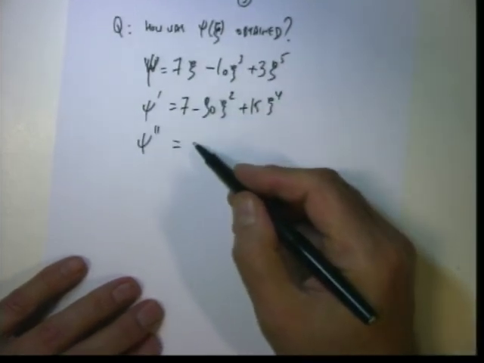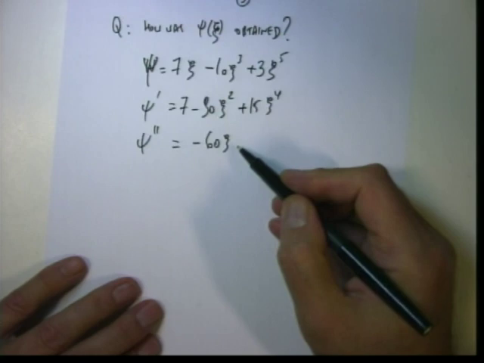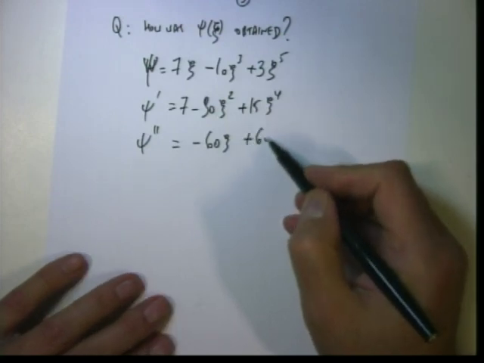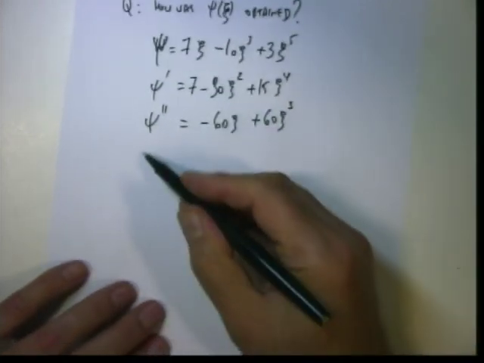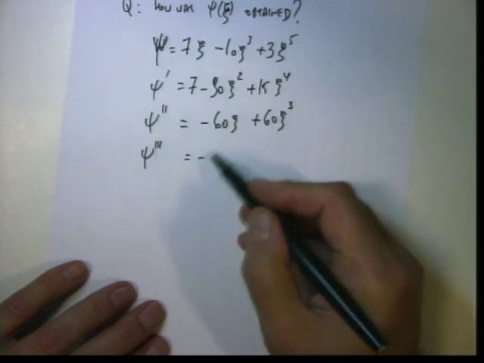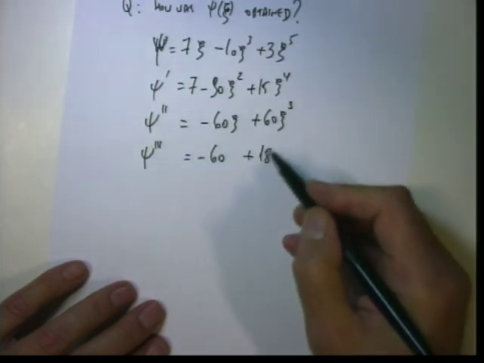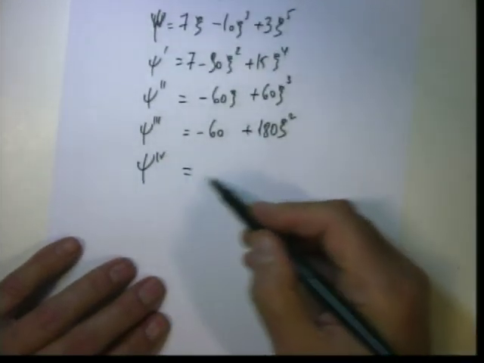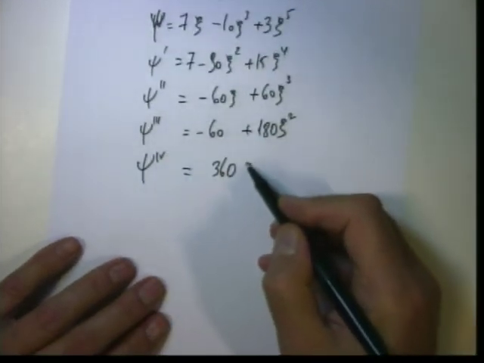Second derivative: minus 60 psi plus 60 psi cubed. Third derivative: minus 60 plus 180 psi squared. Fourth derivative equals 360 psi.